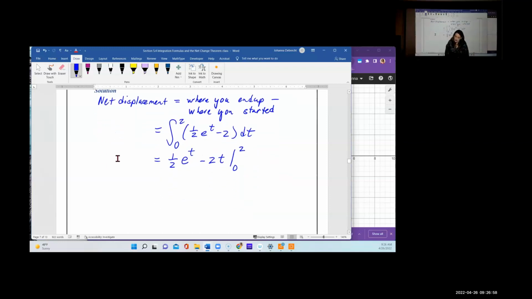So let's plug in to each term individually and do the subtraction in each term. I'm going to factor off the 1/2: e to the second minus e to the 0, minus 2 factored off, times 2 minus 0. When there are common factors on each term, I think it's easier to plug in directly like this and leave the factors factored out.